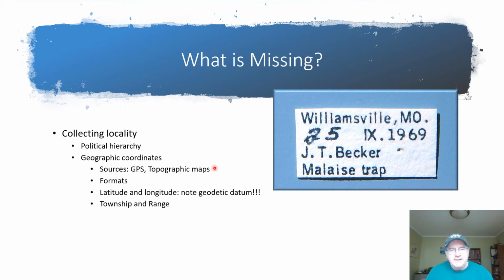And there are a number of ways to do this. The most obvious way is to use the geographical coordinates of the area in which you collected. You can get geographical coordinates these days from a number of different sources. GPS receivers, so global positioning system receivers, that you can buy a small handheld GPS, which will tell you your latitude and longitude to a level of accuracy that's measured in a few meters.